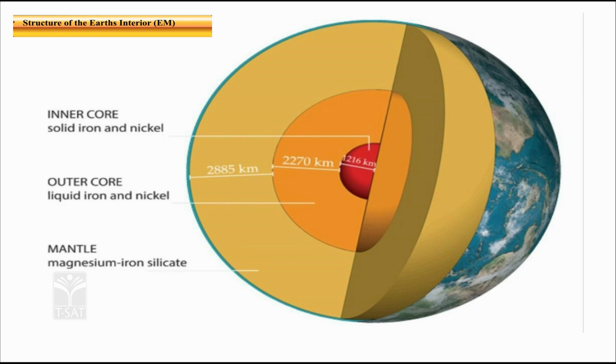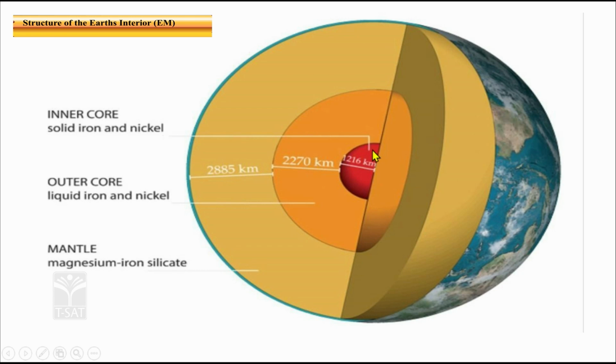The next layer is the mantle, and the inner layer is the core. The core is divided into the outer core and the inner core. These are the three major layers of the earth's interior.